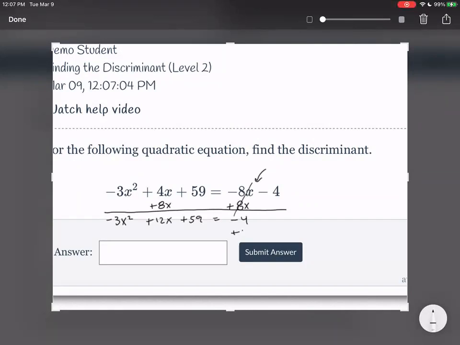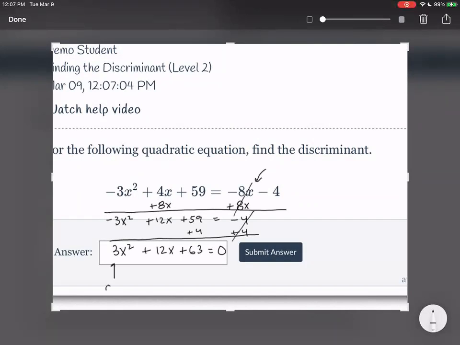Remember, we want it equal to 0, so I'm also going to bring over the 4. That's going to give me 3x squared plus 12x plus 63 equals 0. So now we have it equal to 0.